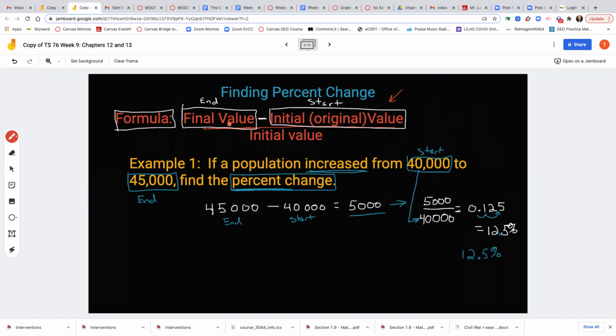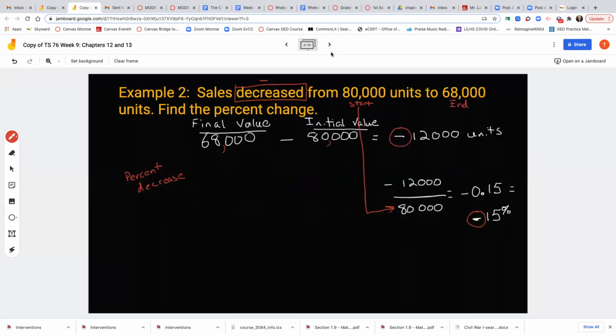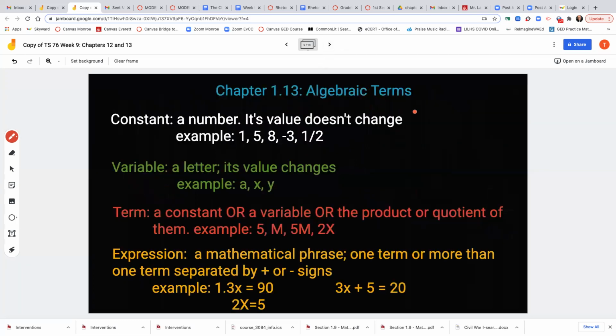Don't get them backwards: subtract your initial value from your final value and then divide by the initial value. Follow this formula exactly to calculate percent increase or decrease. It's the same formula. I'm going to pause here and let you copy this slide down.